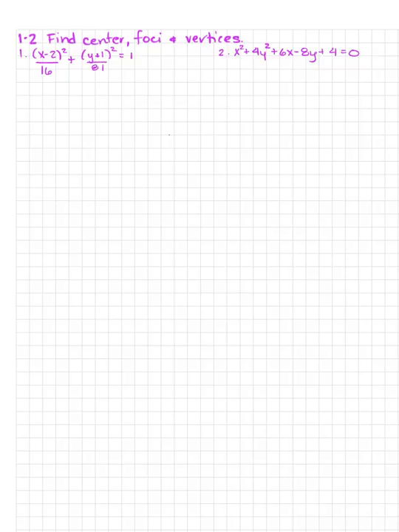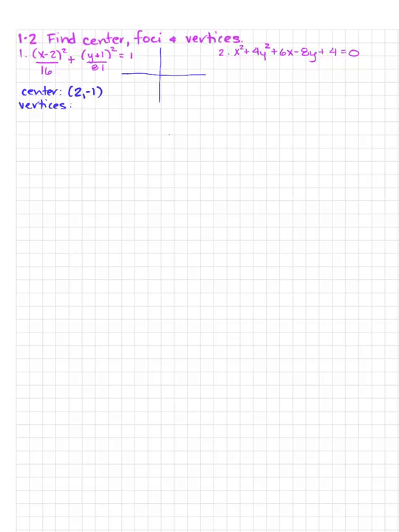So these first two problems give us an ellipse, and they want us to find the center, the vertices, and the foci. So center is going to be pretty obvious. In this first one, it's going to be 2, -1. Our vertices are at the endpoints of your major axis.